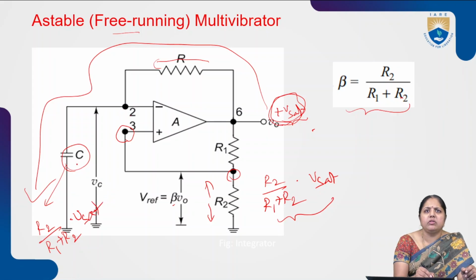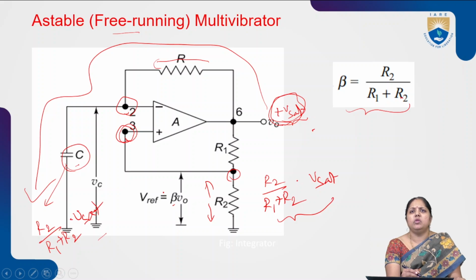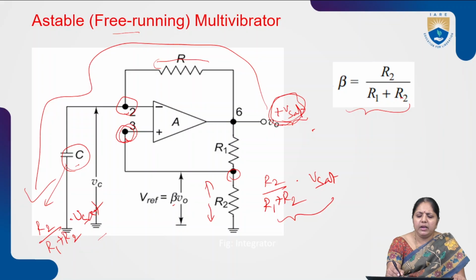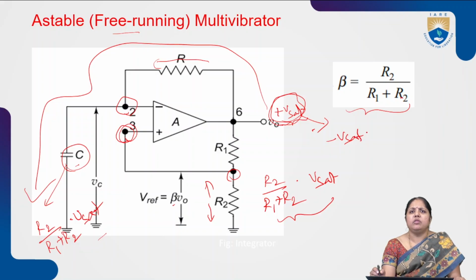If the voltage across the capacitor is just above this voltage, then the potential at 2 becomes more than the potential at 3. So immediately the inverting voltage is greater than the non-inverting voltage, and the output voltage moves from plus Vsat to minus Vsat.